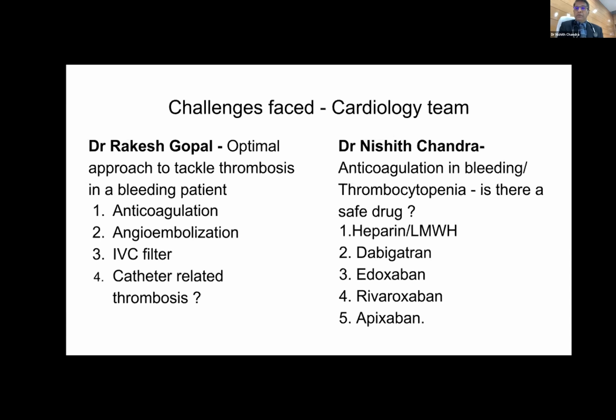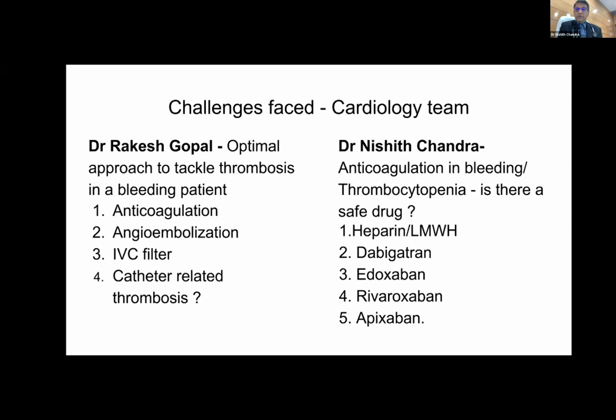Either you can go for the groin from below, or if the groin is full with thrombus, you can go from the internal jugular vein from above. And one more thing I would like to emphasize here is, now there is no role of a permanent IVC filter. You should always put a temporary retrievable IVC filter.